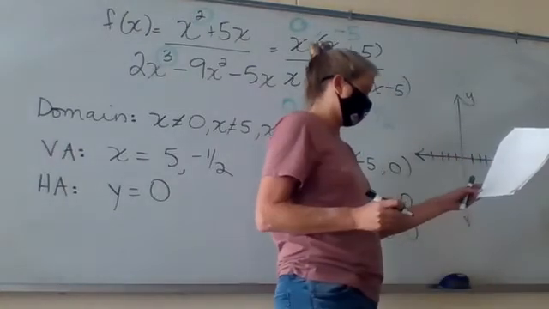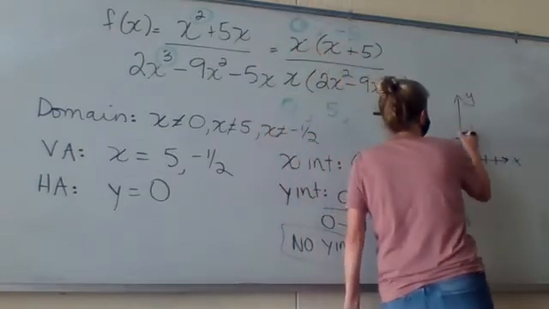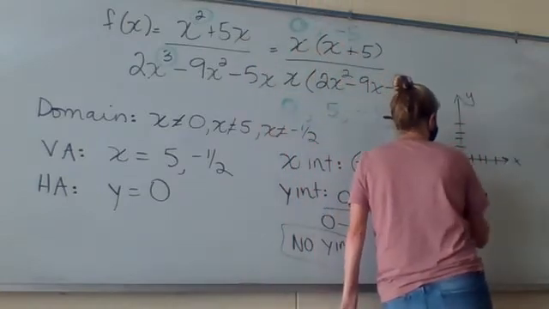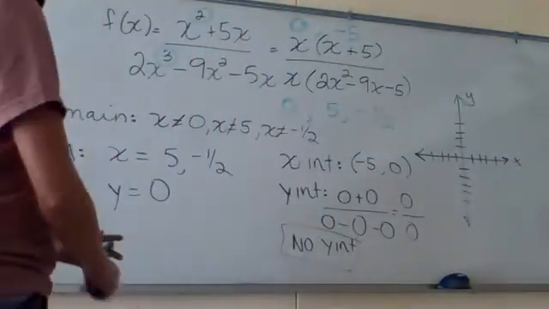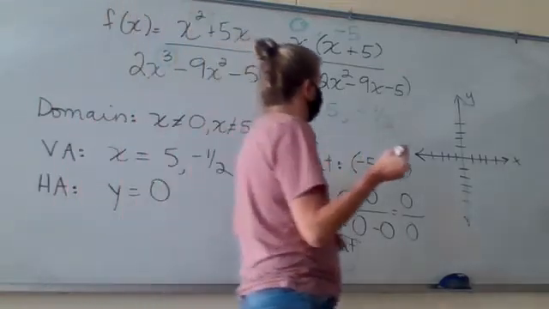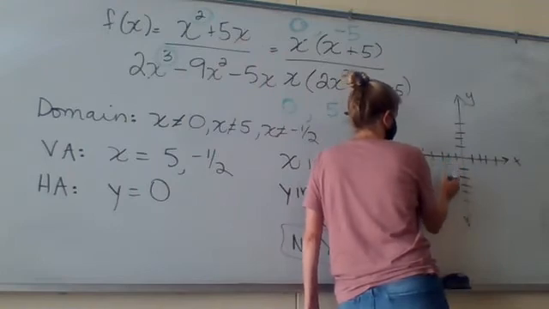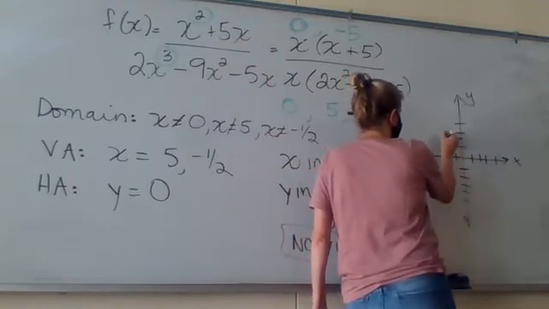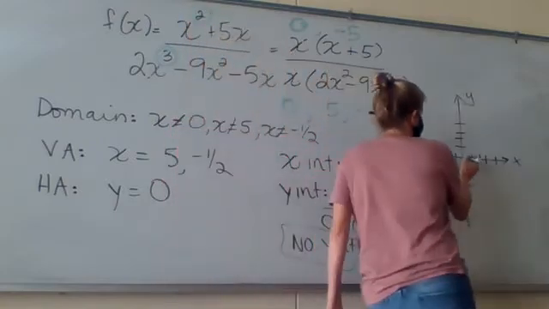Then the y-axis goes by 1s to 4: 1, 2, 3, 4, negative 1, 2, 3. So let's see, where are the vertical asymptotes? There's one at 5 and one at -1/2. So 2, 4, 5, and -1/2.